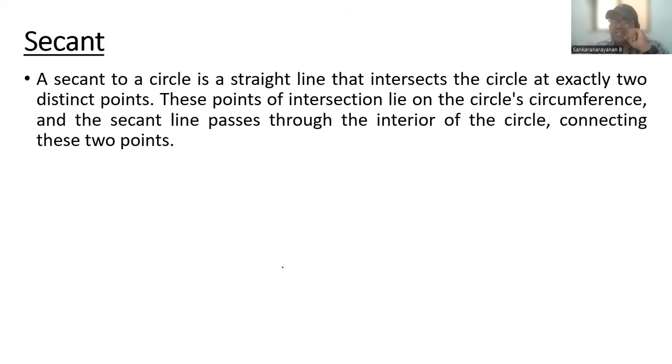But a secant to a circle is a straight line that intersects the circle at exactly two distinct points. These points of intersection lie on the circle's circumference, and the secant line passes through the interior of the circle, connecting these 2 points.